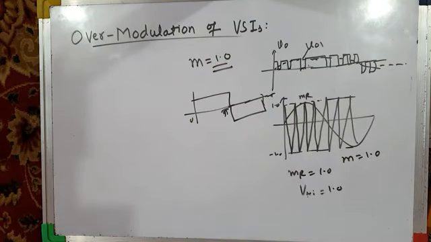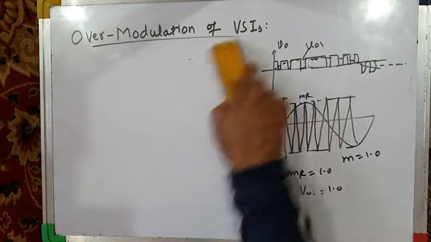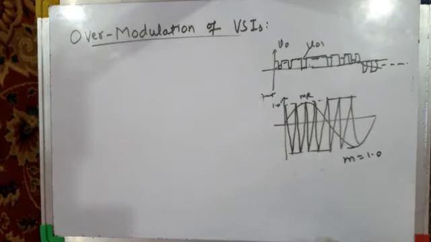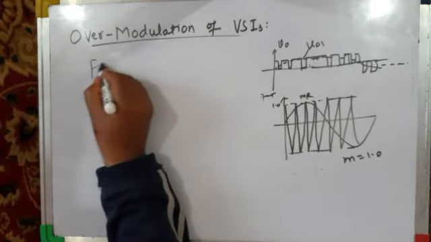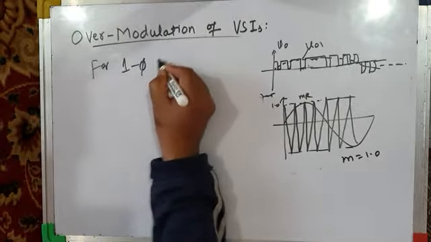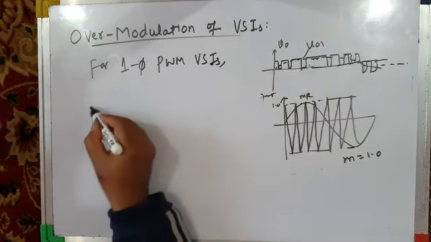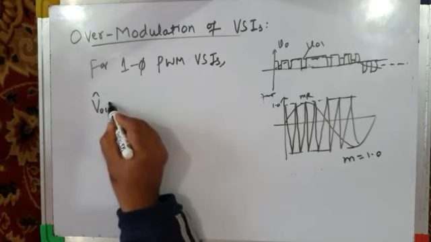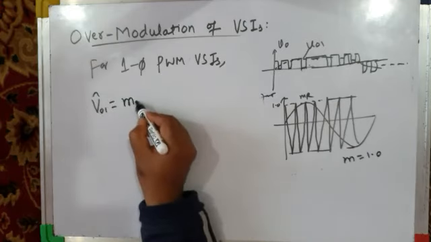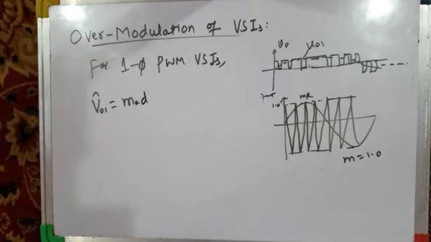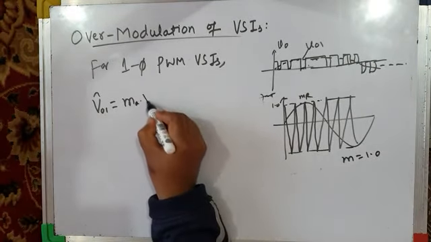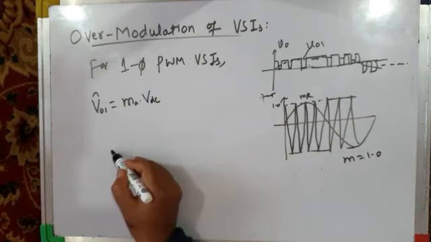If you remember, when we were discussing single phase PWM voltage source inverters, the peak value of the fundamental component of inverter output voltage was given by MA into VDC, where MA is the modulation index.